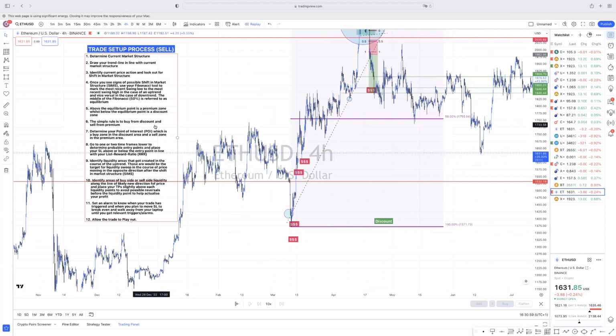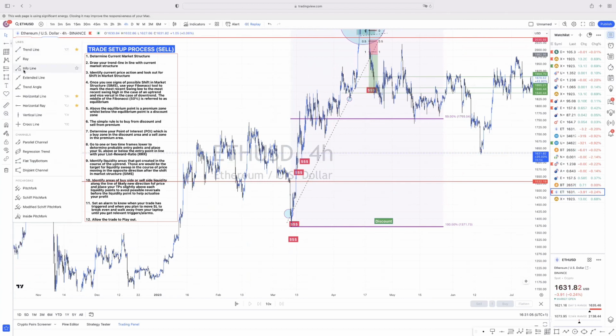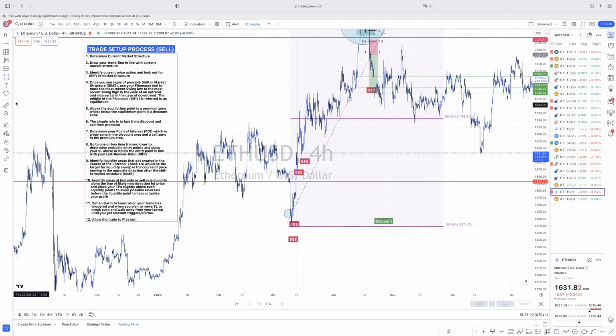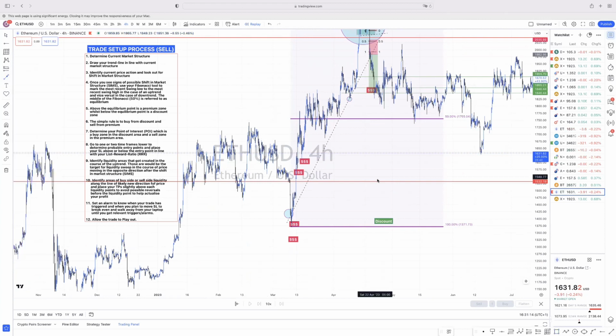Now, the simple rule is to buy from discount. You buy from discount, guys, and then you sell from premium.